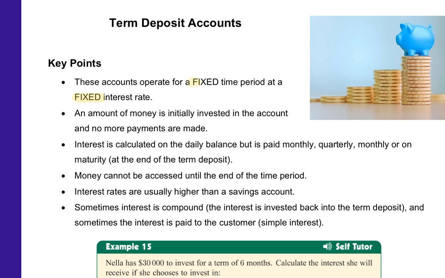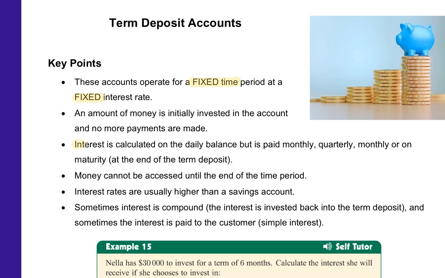It operates for a fixed time period, for example, 1 year, 5 years, and an initial amount of money is invested in the account and no more payments are made. So you put money in the account and then you leave that for the amount of time that you agree on.